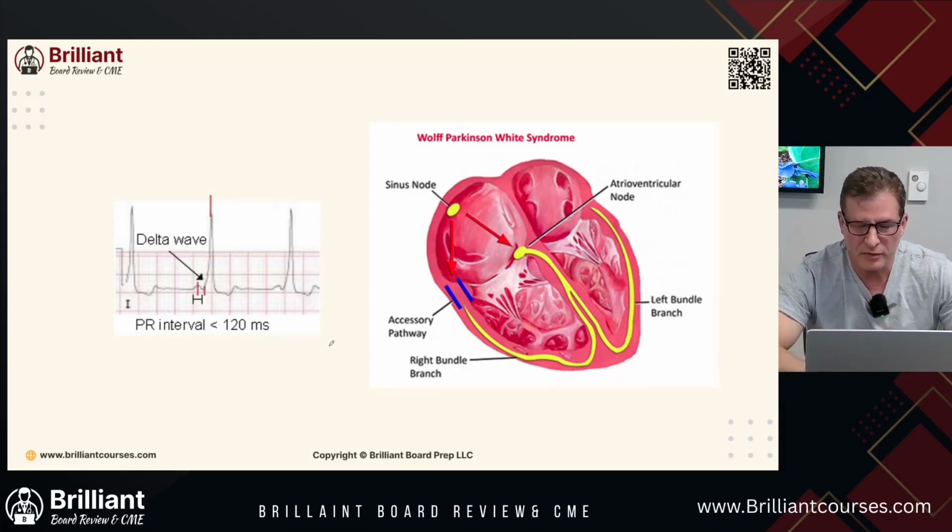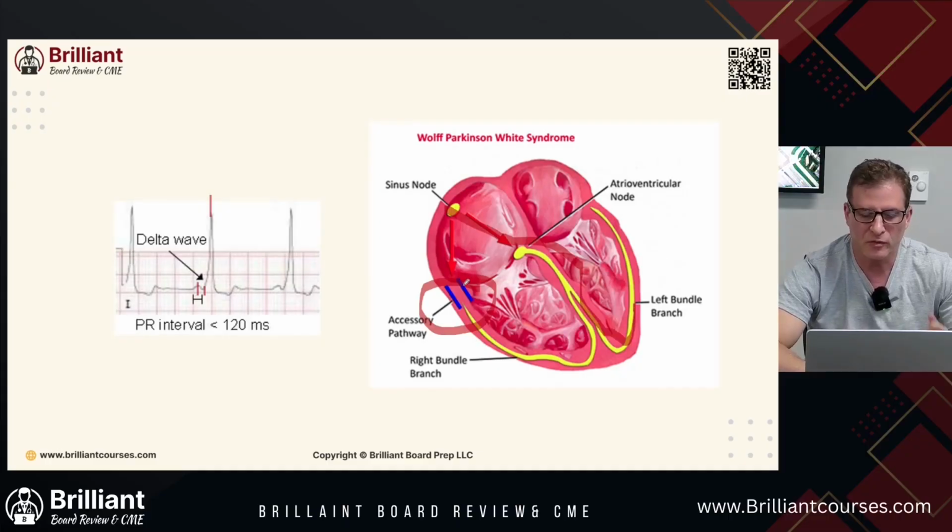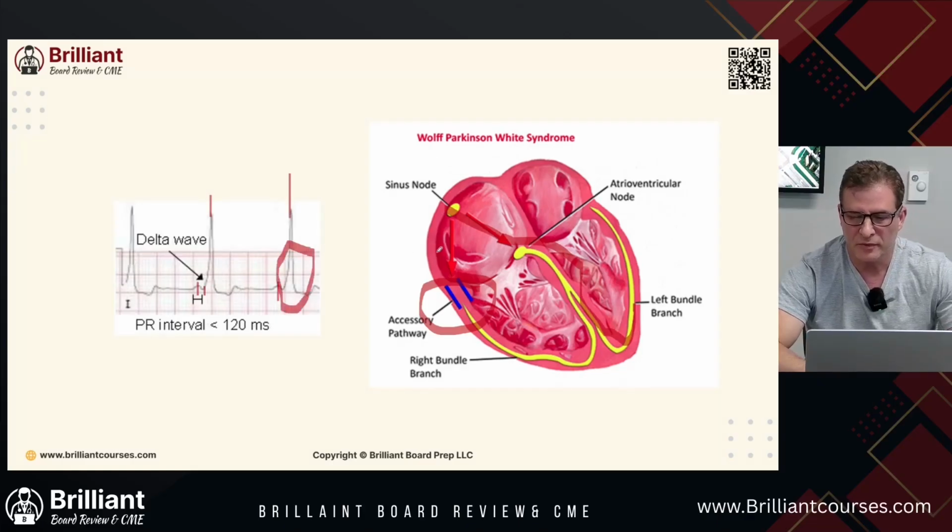So right here, this is our accessory pathway, outside the normal pathway. So instead of the sinus node going through the AV node down to the bundle branches, the right bundle branch, we have an accessory pathway. Short PR interval, let me do that again because I kind of messed it up. P to R is shortened with a widened QRS complex. We have that delta wave.